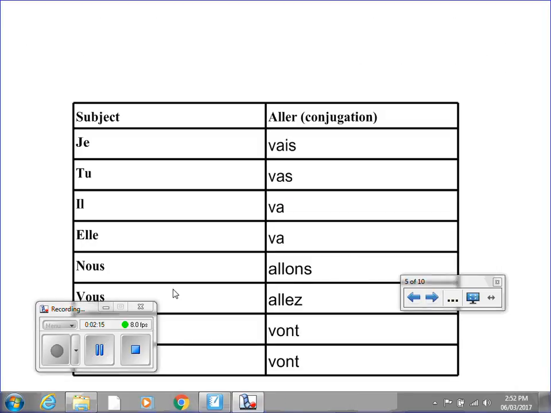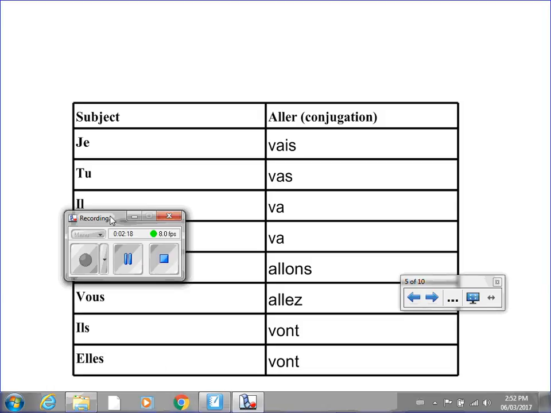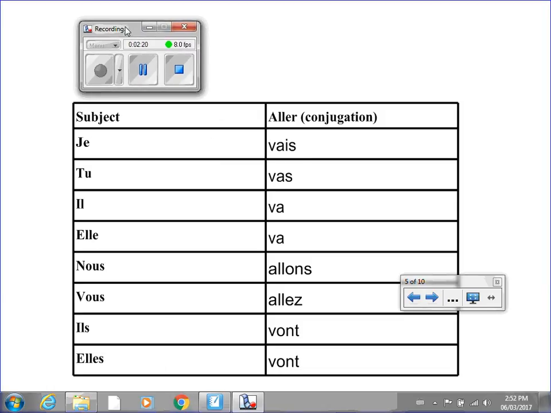Now, I've gone ahead and I filled out the conjugation chart for the verb aller. In tomorrow's class, you're going to get a handout in which you're going to fill out the right hand column for the aller chart.